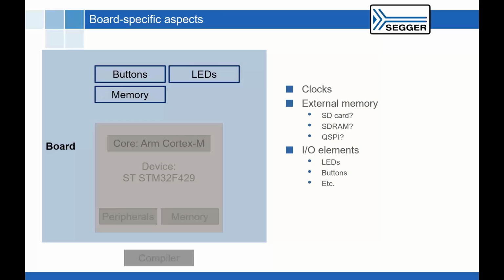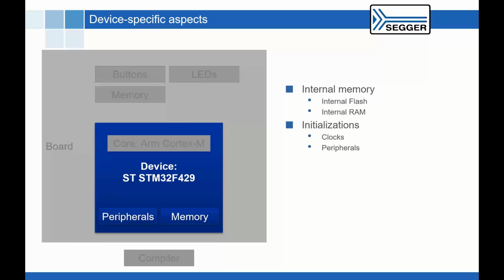That's usually part of your IDE. So the board-specific aspects obviously have to do with clock setup. What kind of external memory is on this board? Is there QSPI? Is there SDRAM, or is there an SD card? And then obviously there are I/O elements like LEDs and buttons and switches and such. So those need to be taken into account.